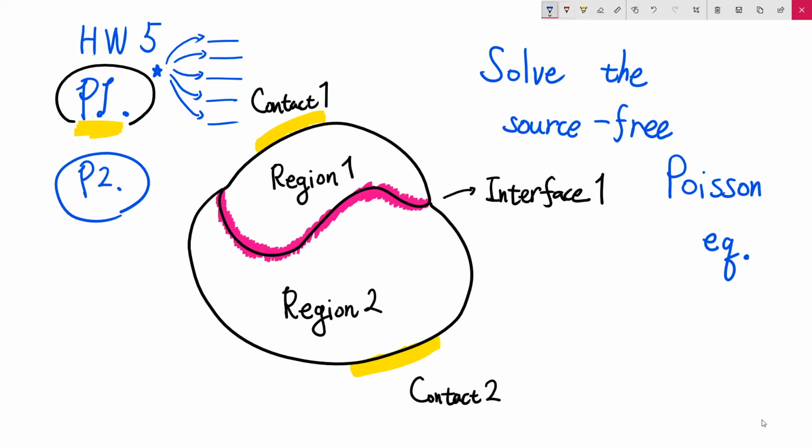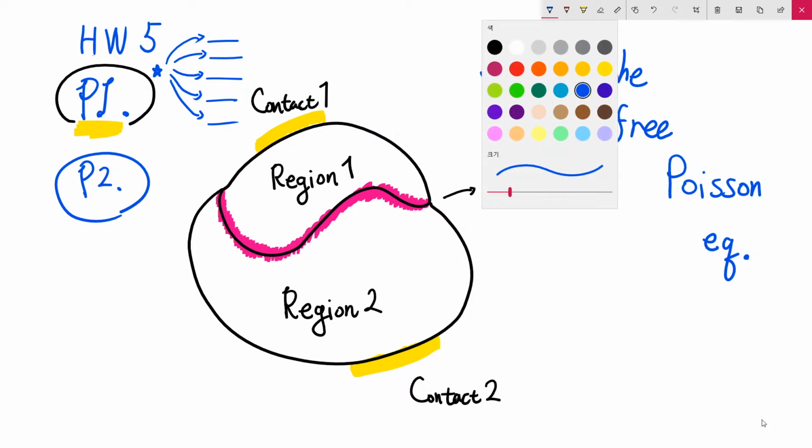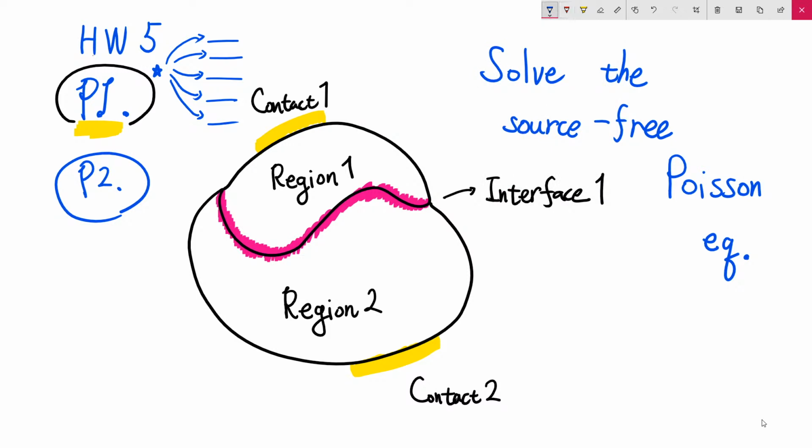In this case, you apply 1 and 0 and take the solution, then you apply 0 and 1 and take the solution, and 1, 1 and take the solution.